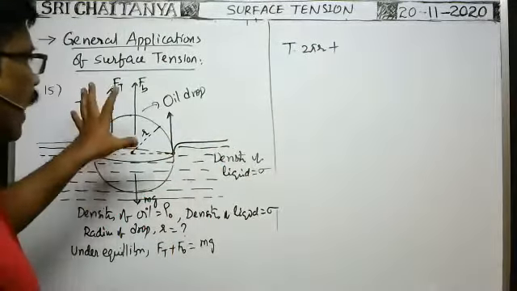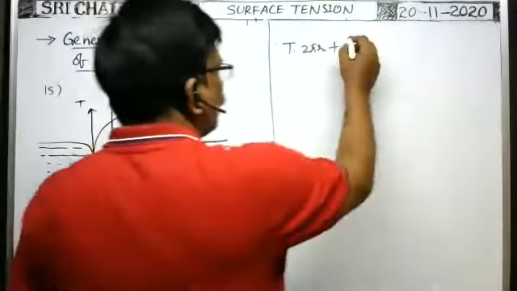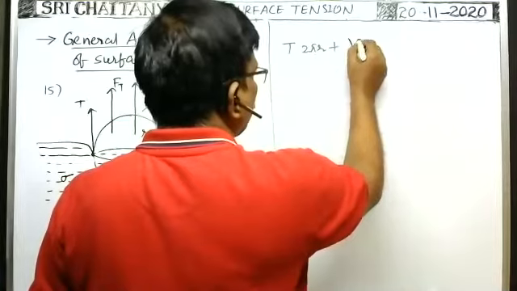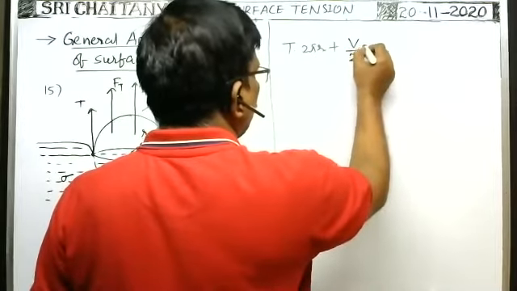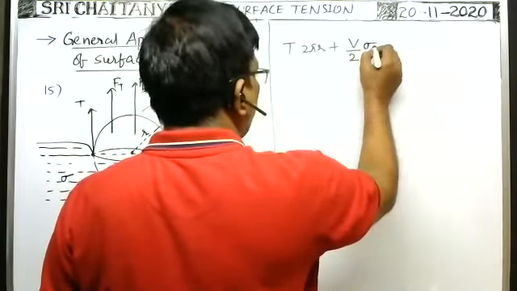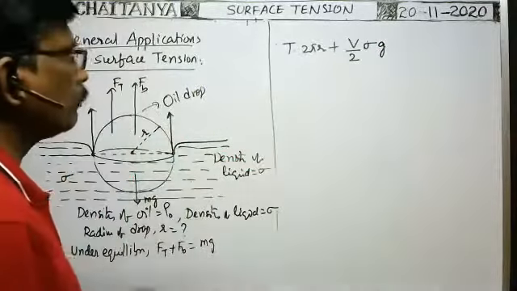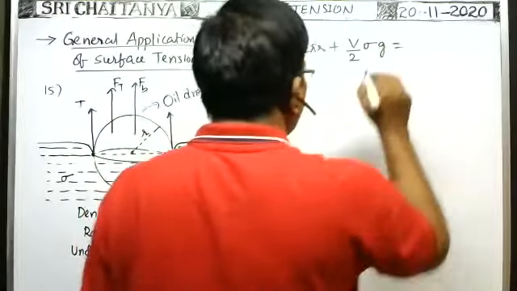Buoyant force: as half of the volume of the oil drop is submerged in the liquid, the volume of liquid displaced by the oil drop is V by 2. Into the density of the liquid sigma gives the mass of the liquid displaced, into g, the weight of the liquid displaced by the oil drop, which is equal to the weight of the oil drop.